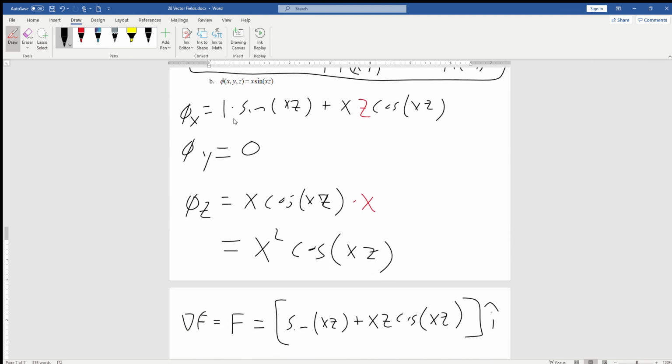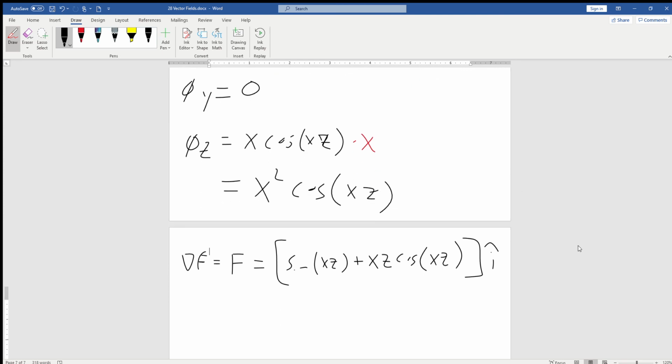Notice that all I did was take the derivative that we had with respect to x. It's a 0 j in this case. And then finally, we have x squared cos xz k. I'm sorry, that would be the conservative vector field from that potential function.